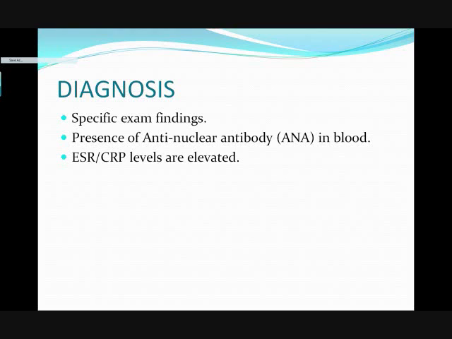Sed rate is usually elevated. Erythrocyte sedimentation rate is ESR. It measures the speed at which the red blood cells fall to the bottom of the test tube. Abnormal proteins present in the blood will sink quicker, which elevates the sed rate.